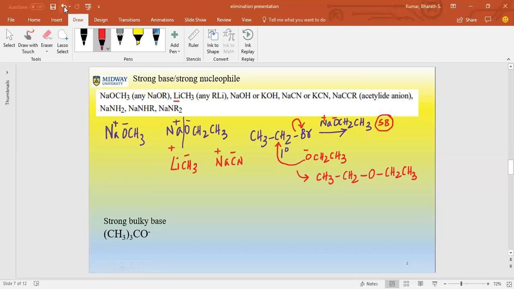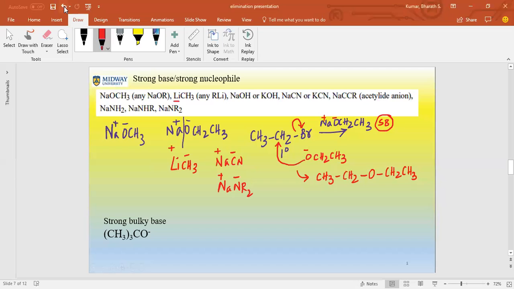You attach through the C, not through the N. Similarly, NaNR2, this is a plus, this is a minus. All of these are strong bases. I don't expect you to remember most of this, because if you see a metal, that's an automatic strong base.